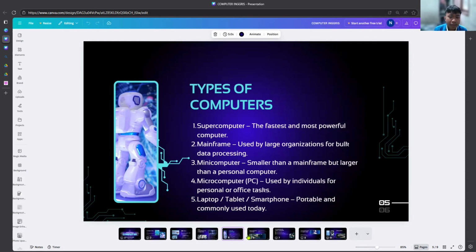Maybe they use the mainframe. Many computers, like in the warnet or for students, are minicomputers. Microcomputer is used by individuals, personal, or office, like laptop, tablet, smartphone.